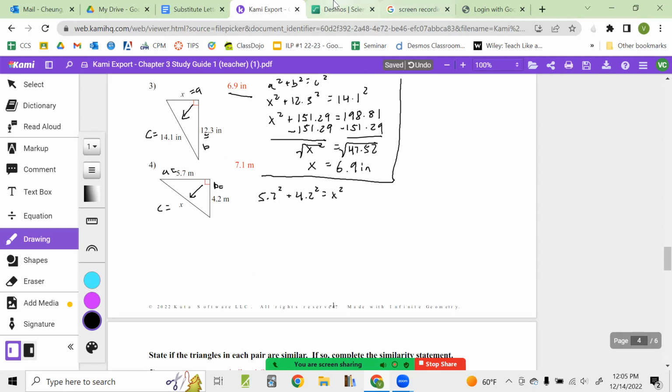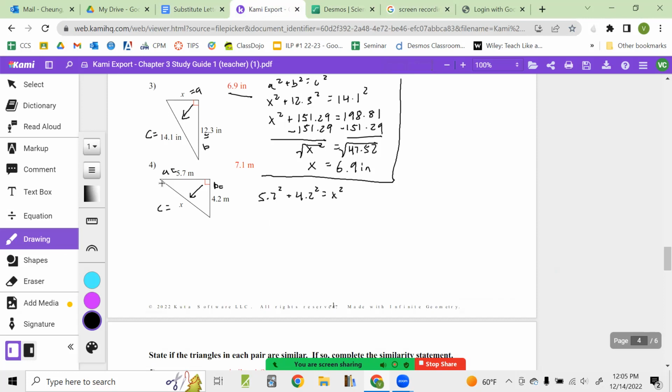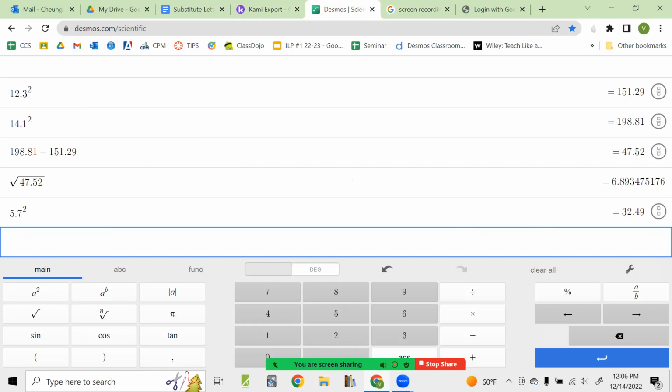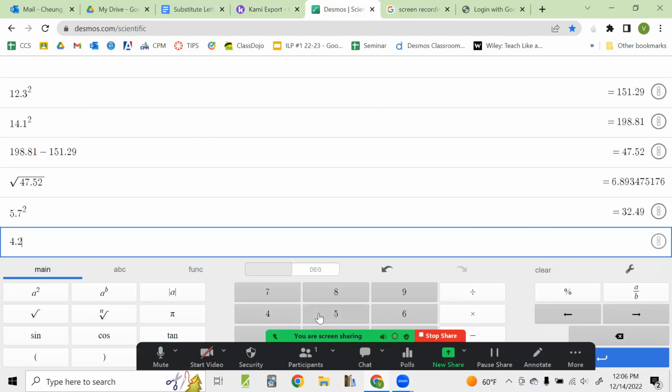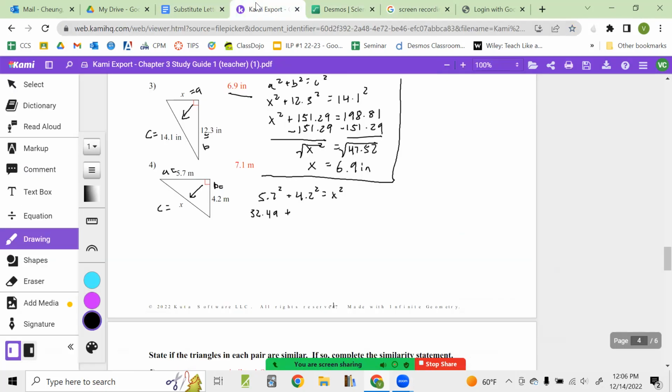Okay, let's do 5.7 squared, 32.49, plus 4.2 squared, 17.64, equals x squared.